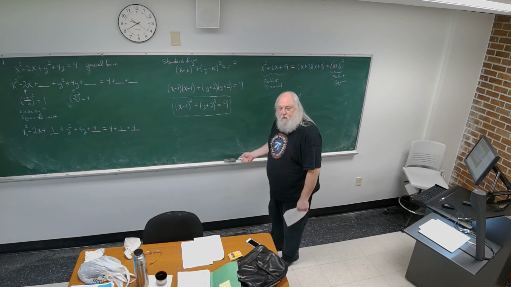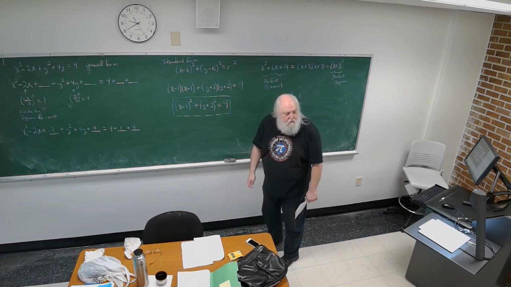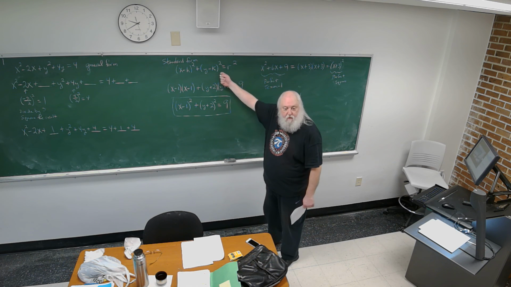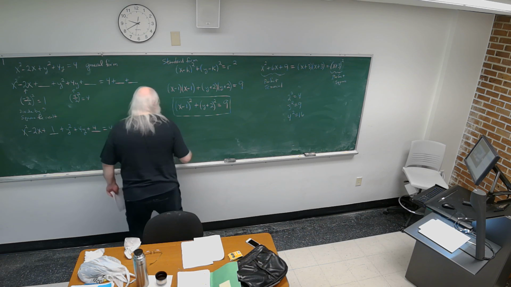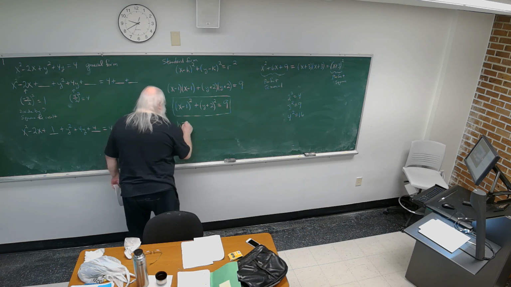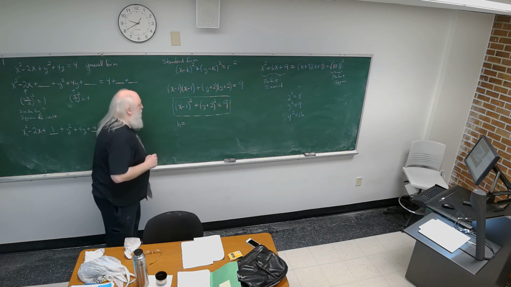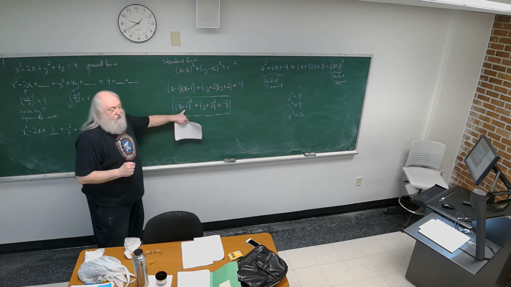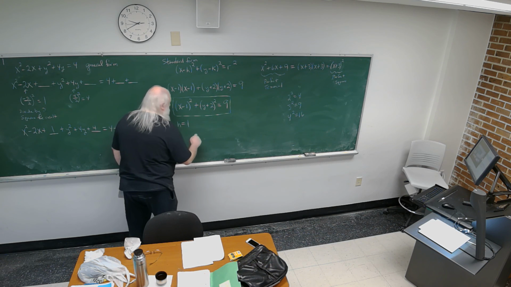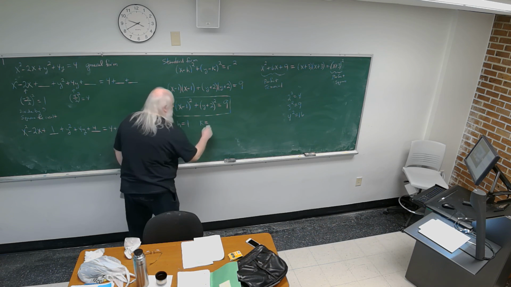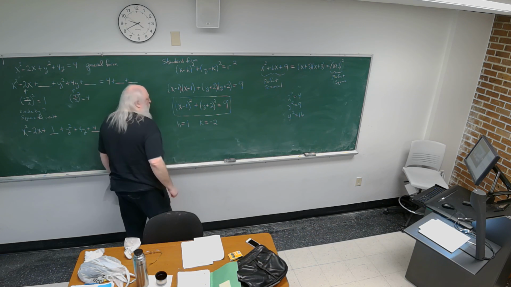So now do we know where the center is located and what the radius of the circle is? Certainly, from up here. What's h equal to in this case? You have to change the sign, remember? So h is +1. k is what? And r is what?